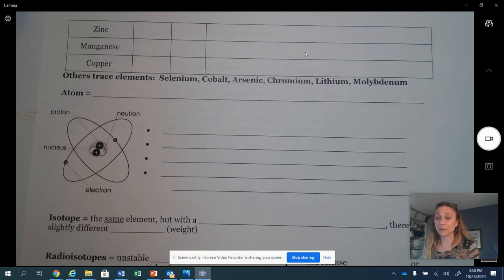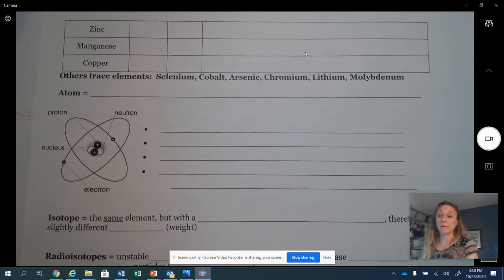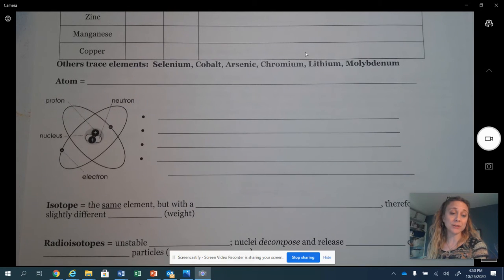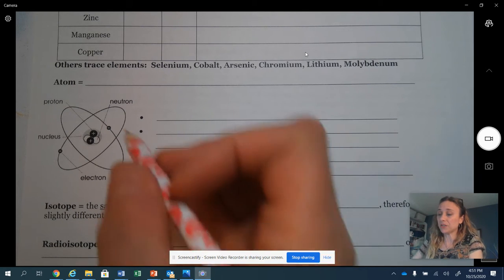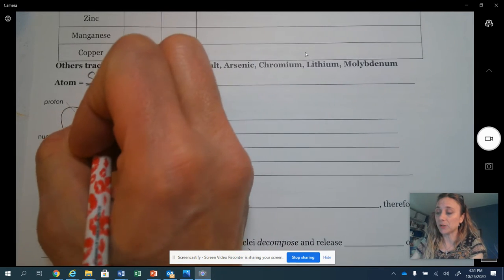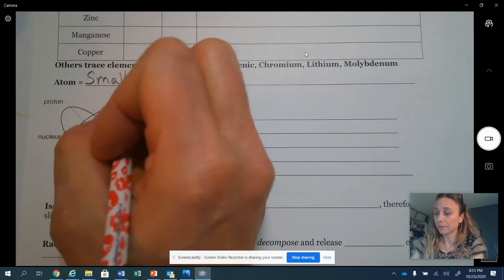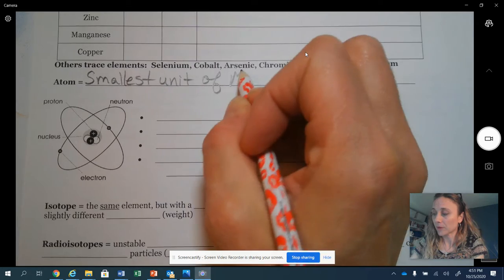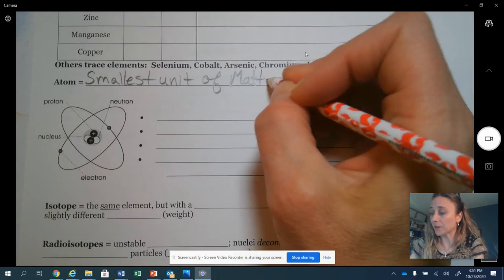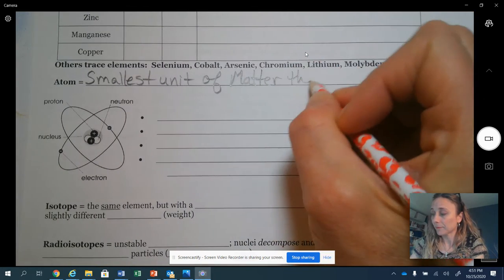So we're back to atoms, just talking about atoms themselves and their structure. All right, so to define what an atom is as opposed to other types of matter, we're going to say atoms are the smallest unit of matter that retain its properties that are unique.